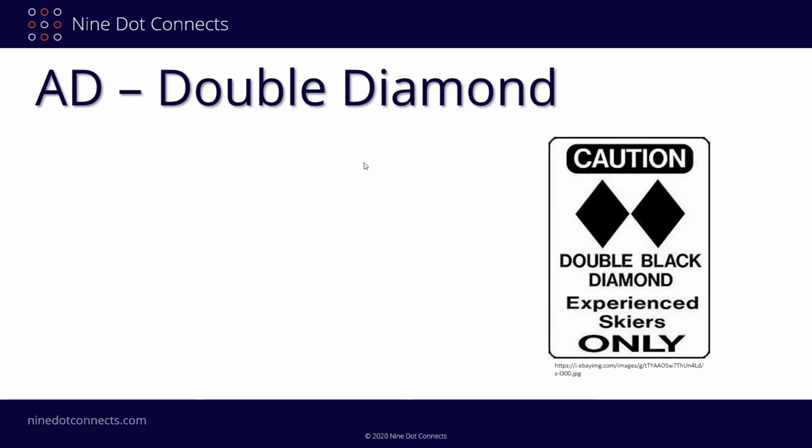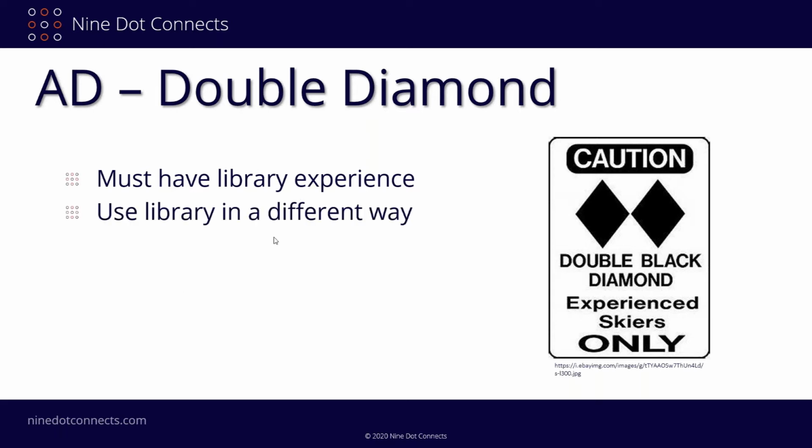But I do have some warnings and things to keep in mind as we go forward. You really do have to have some library experience to do this. This is not something I'd put some new intern on or somebody who's brand new to Altium. You really need quite a bit of experience putting together parts and knowing how the library tool works and its association to the schematic sheet. We are definitely going to use the library in a very different way.